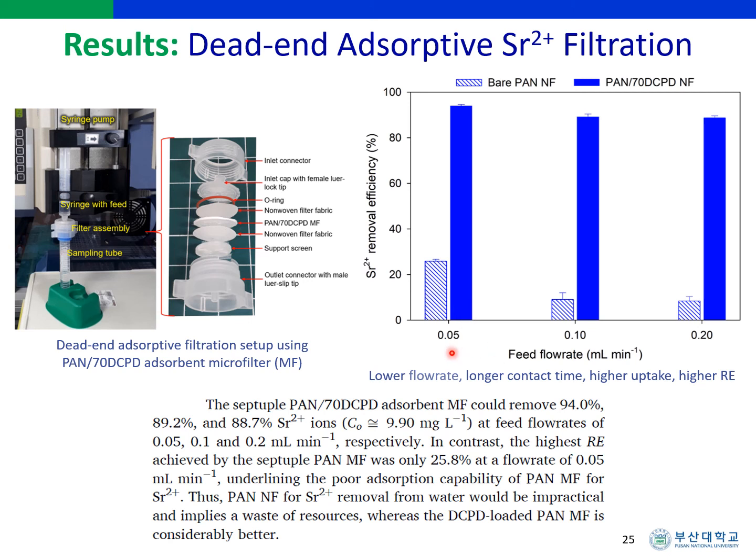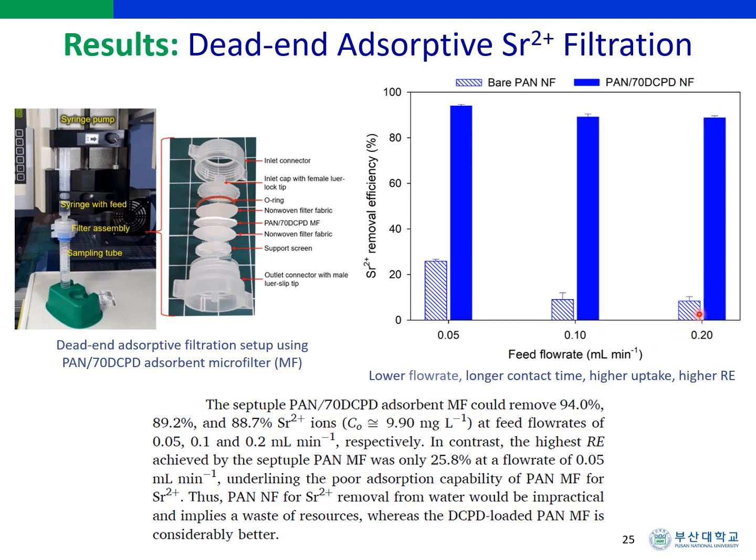As the flow rate increased, the contact time of strontium with the adsorbent decreased, resulting in the observed decline in removal efficiency. The septuple PAN 70 DCPD microfilter could remove 94%, 89.2%, and 88.7% of strontium ions at feed flow rates of 0.05, 0.1, and 0.2 ml per minute respectively.